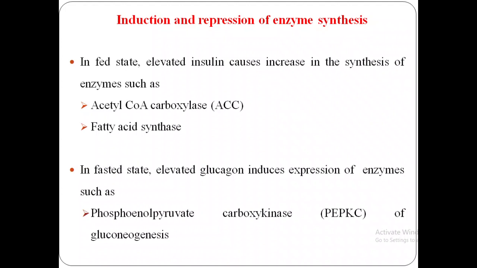Fed state causes the elevation of insulin, which results in increased synthesis of enzymes such as the enzymes of fatty acid synthesis, that is acetyl coenzyme A carboxylase and fatty acid synthase. In contrast, in the fasting state, elevated glucagon induces expression of enzymes such as phosphoenolpyruvate carboxykinase.